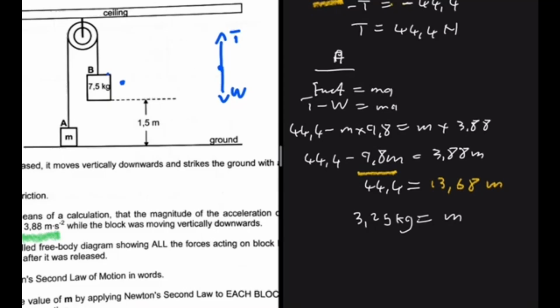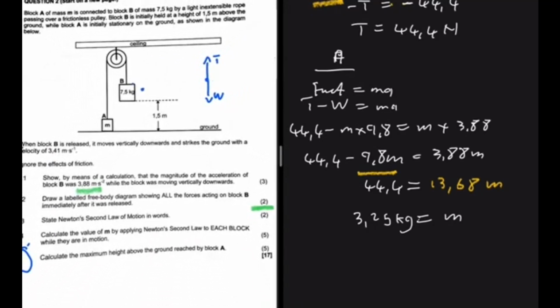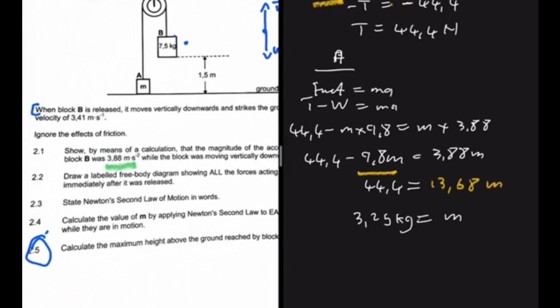So we have our mass, the value of M, that is 2.4.